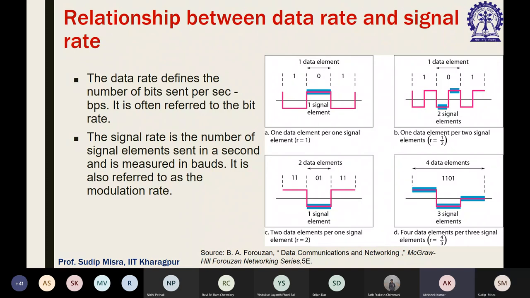It is also called the bit rate. So let us say this time duration was 1 second: how many data elements did we send? 3. So 3 bits per second.